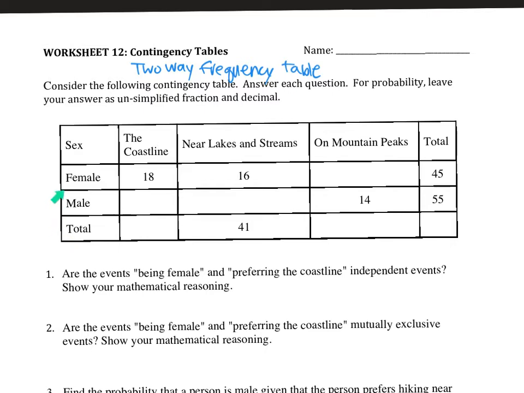One is about their gender, and the other one is where they live, I'm assuming. So it's a frequency table, but instead of having only one category, here we have two categories. That's why it's called a two-way frequency table or contingency table. So here we can investigate the relationship between this category and this category. And let's look at some of the examples here.